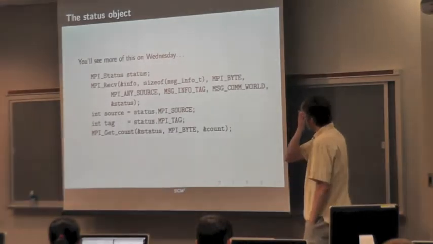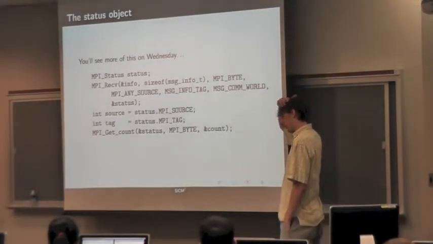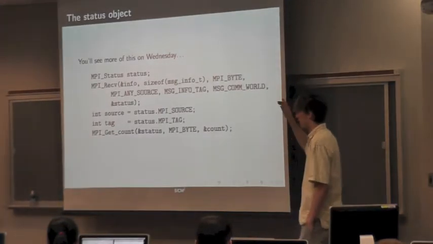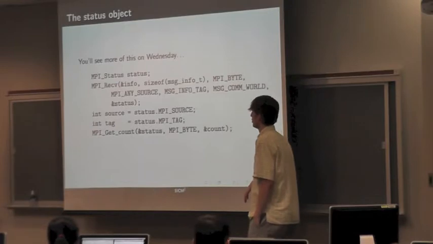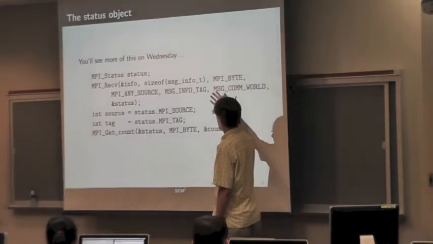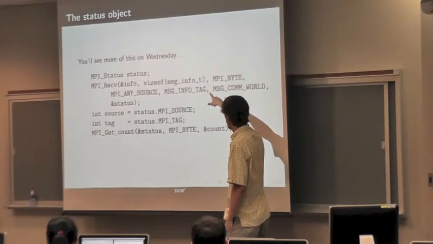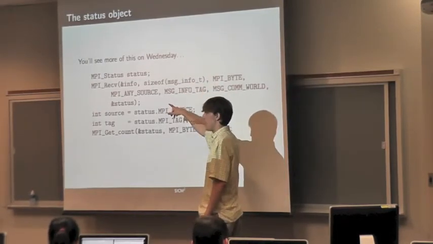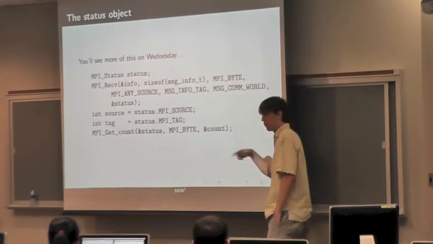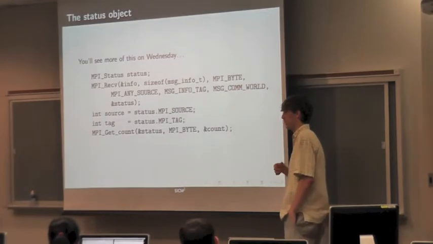So what does this look like? This is actually an excerpt from a program I have that doesn't fit on a slide, but it's interesting, I think. I'll talk about it on Wednesday. So I do a receive. I'm receiving this info object, which is a struct. So I receive this many bytes, and then I'm actually polling. This is a server. It's actually an implementation of one-sided, sort of active message communication.